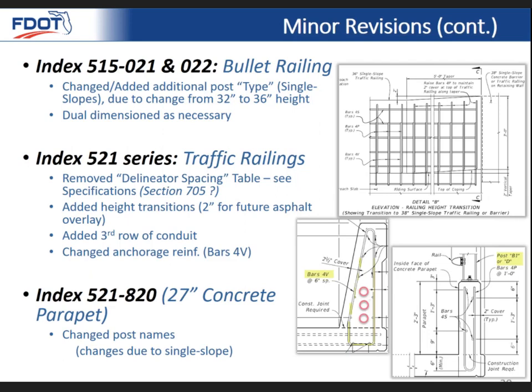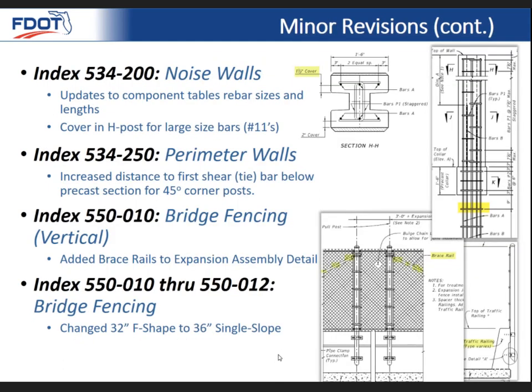The last one here was the 27-inch concrete parapet. As mentioned earlier, the type of those posts supporting the bullet rails may have changed depending on which index you're looking at.